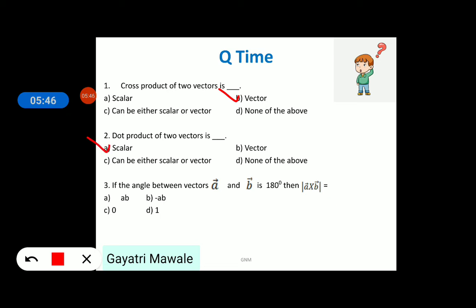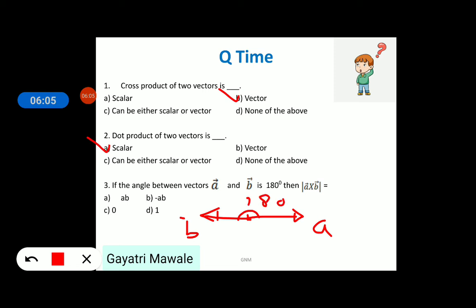Third question, if the angle between vectors A and B is 180 degree. That means if vector A is acting like this, vector B is acting like this in opposite direction. So this angle is 180 here.